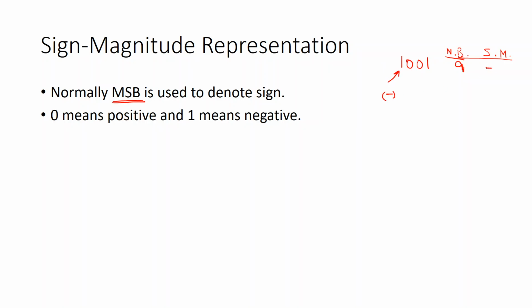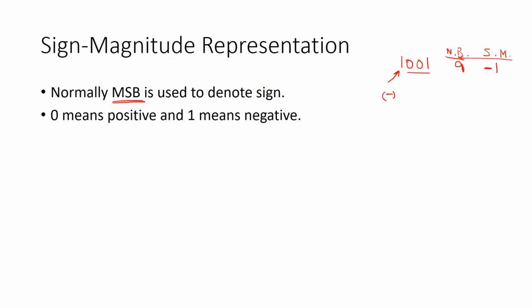So a minus sign automatically comes. In sign magnitude, you first write the minus sign. Then you evaluate the magnitude. The magnitude is the remaining part. You leave aside the MSB, and whatever bits are there form the magnitude part. What is the magnitude here? Only 1, because 001 is nothing but 1.